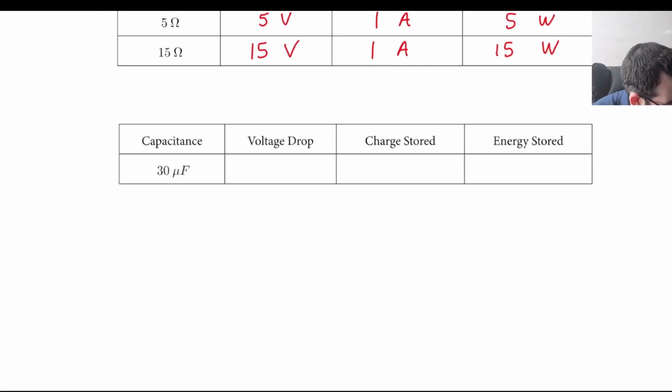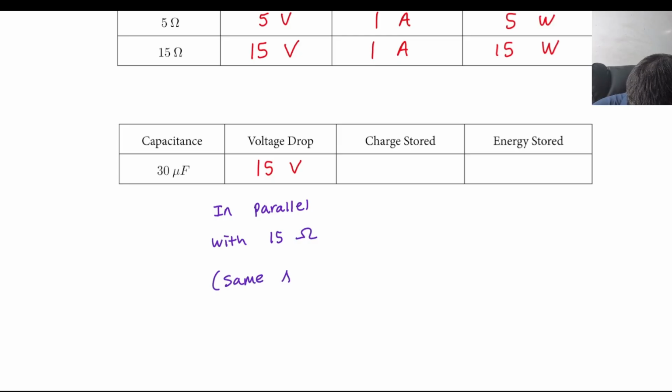So that's actually worth an explicit note that this is in parallel with the 15 ohm. So it gets the same delta V. So you might have to be creative in figuring out what is in parallel with what. Like maybe I have a series of resistors in parallel with the capacitor that add up, but same idea.